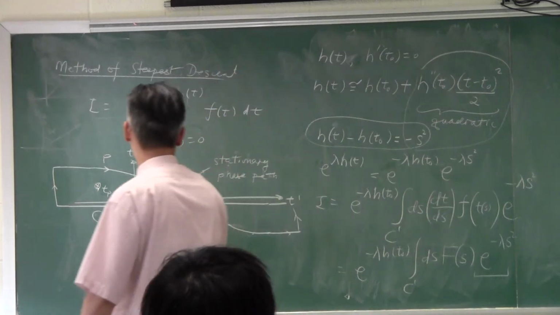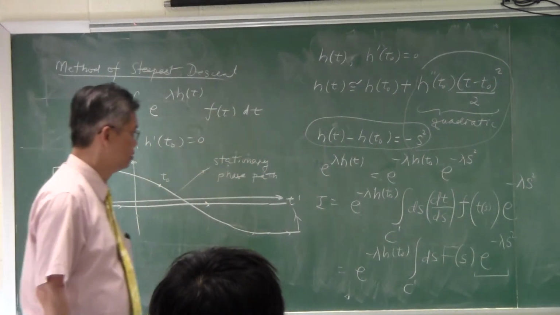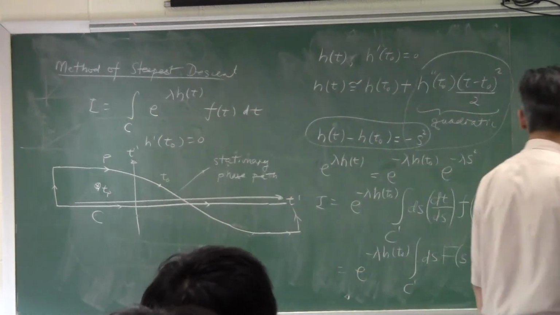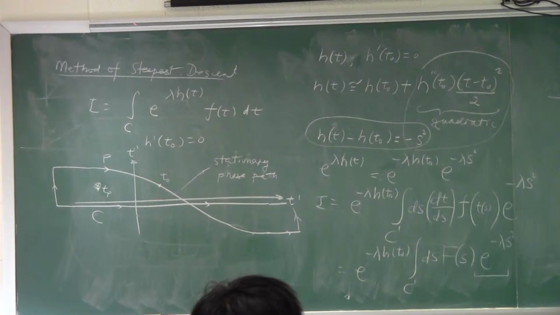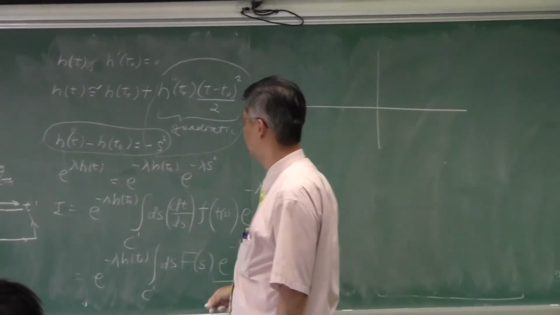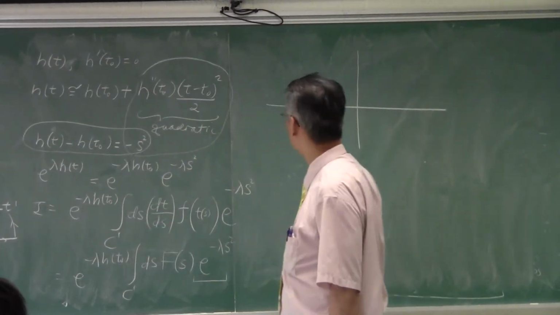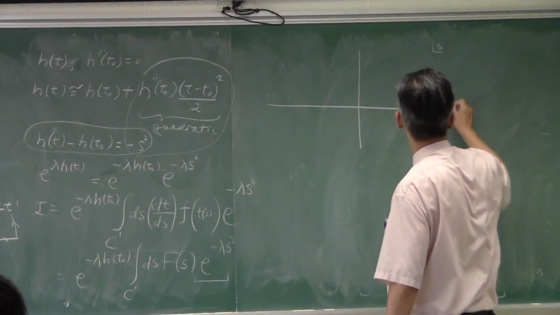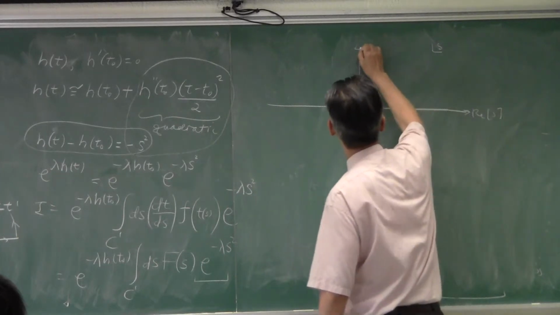But what is the image of C? Okay. But let me look at this saddle point now. This point for which the derivative of this function equals 0 gets mapped to where? Okay. Where does t naught map to in this s-plane? If this is the complex s-plane, this is real s, this is imaginary s.